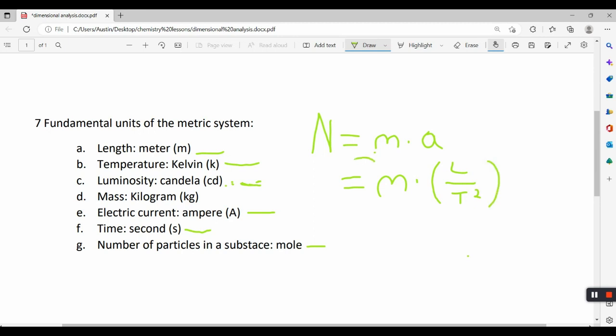So this expression corresponds to the most fundamental terms in which the force can be expressed. As you all know, the unit for mass in the metric system is a kilogram, the unit for length is a meter, the unit for time is a second. So we could rewrite this expression as kilogram meters per second squared.